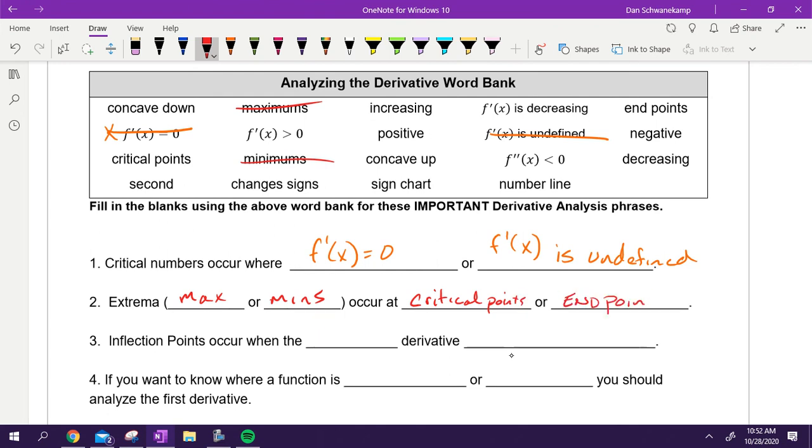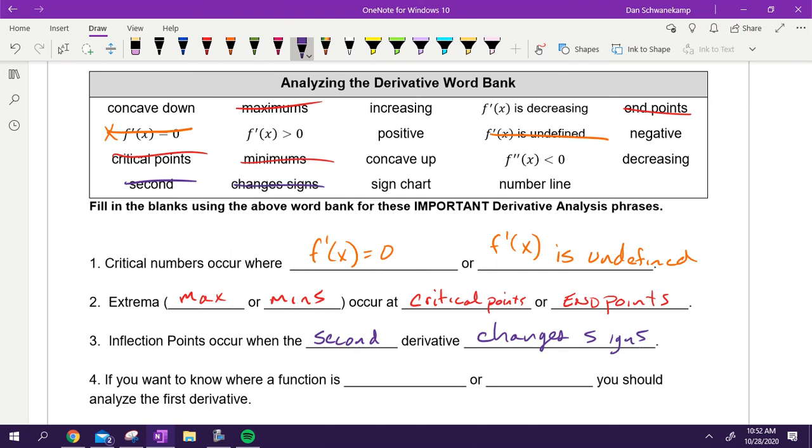That was kind of the first thing we talked about. Critical points and endpoints. That's where max and mins happen. Inflection points happen when what? Emma, when do inflection points happen? When the second derivative changes signs.